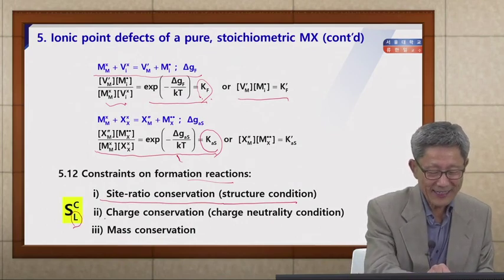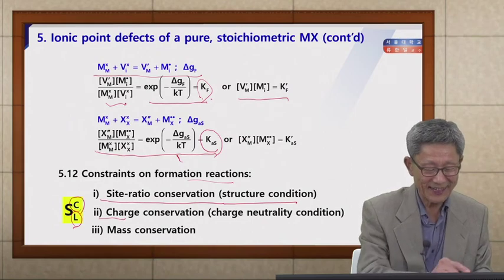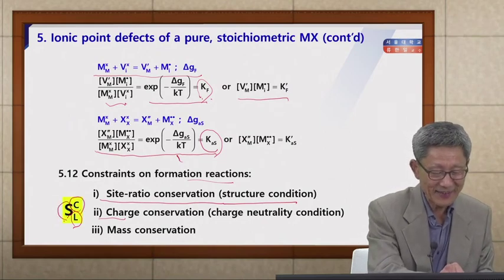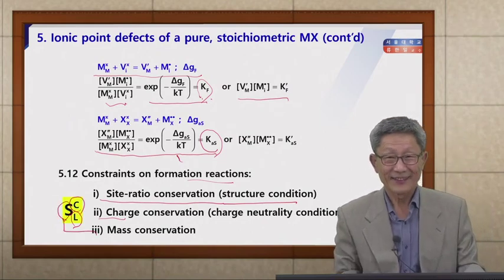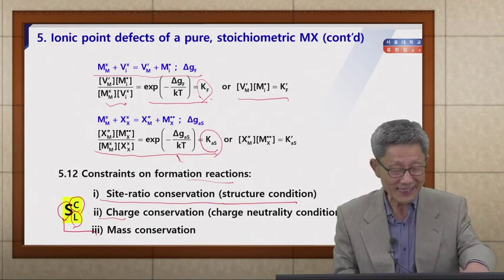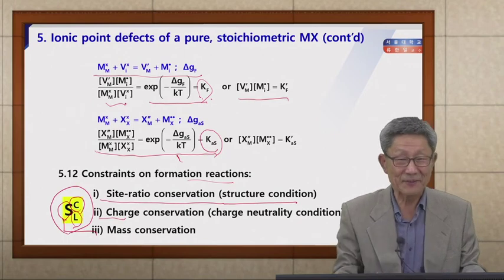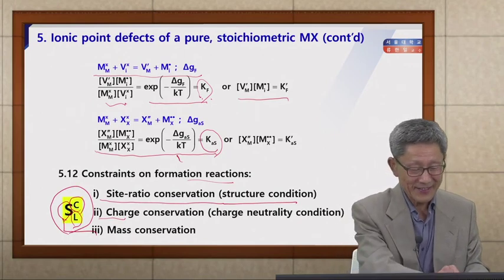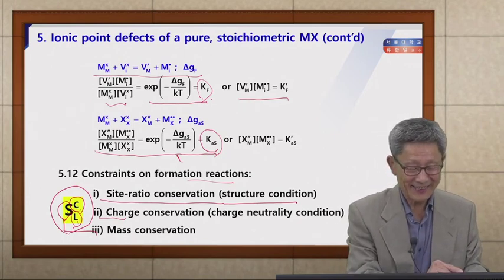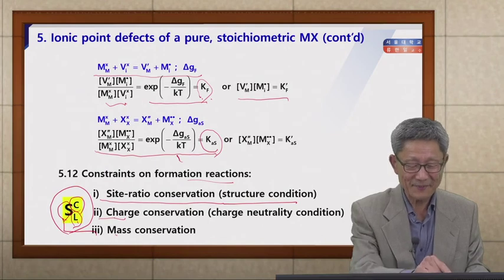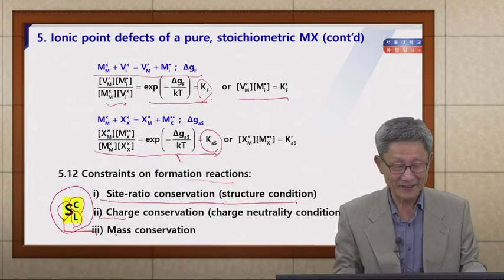And then charge conservation, here, charge. And then mass conservation. Now you can recognize the beauty of the Kröger-Vink system of notation. Three things and three conservation constraints. Okay, don't forget.